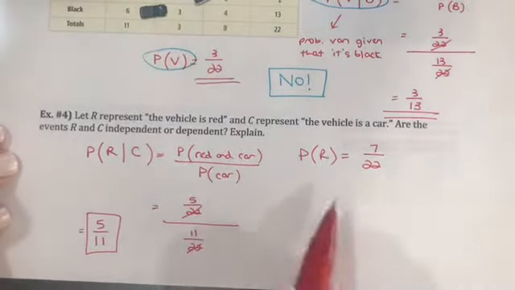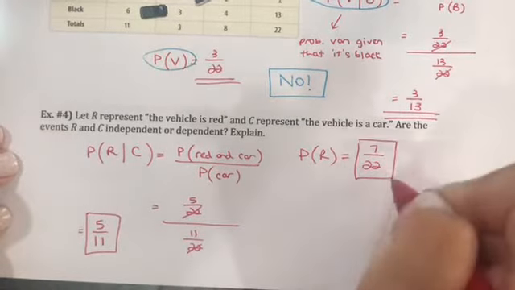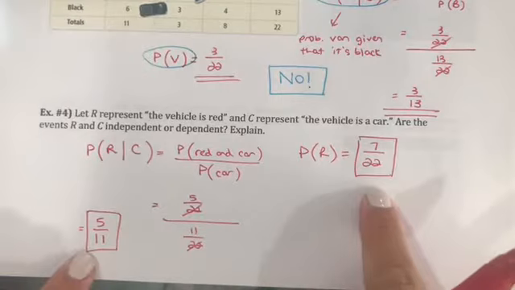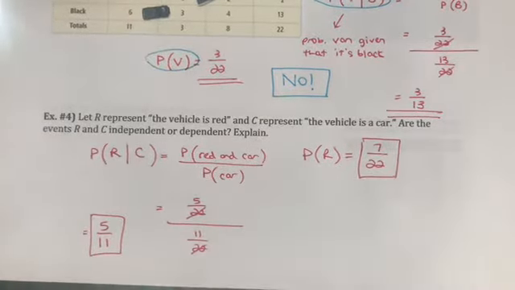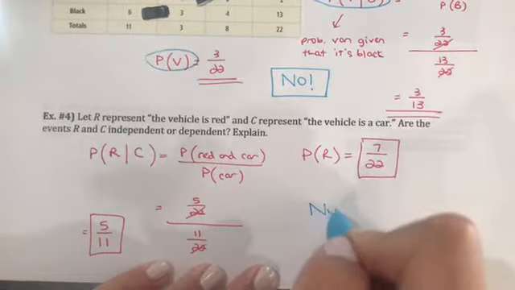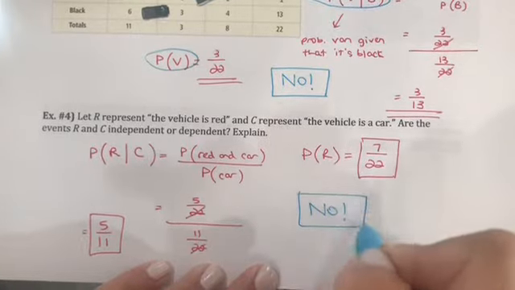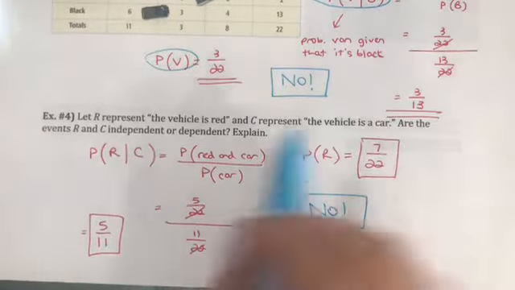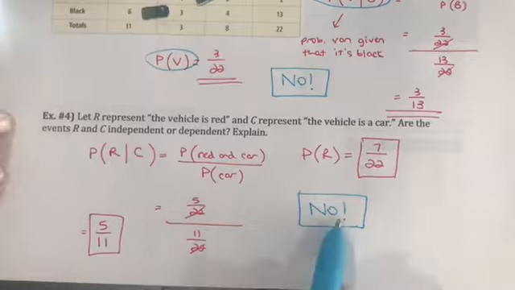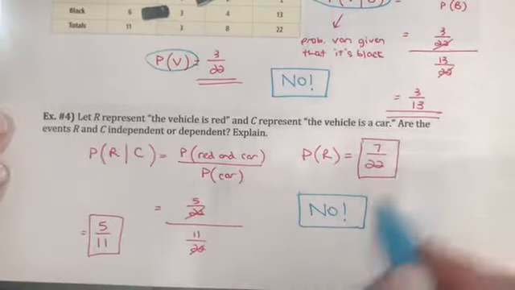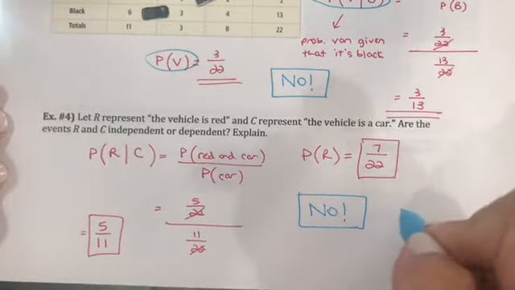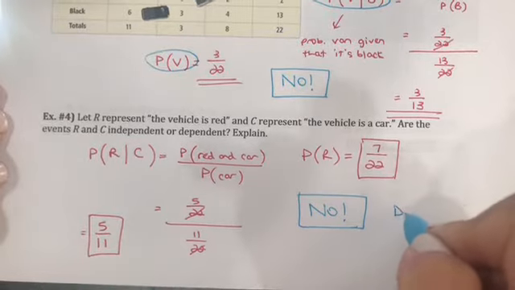Now, are these the same? We've got 5 out of 11 and 7 out of 22. Again, no, they're not the same. So that means, actually we forgot to answer that here, that they are dependent.